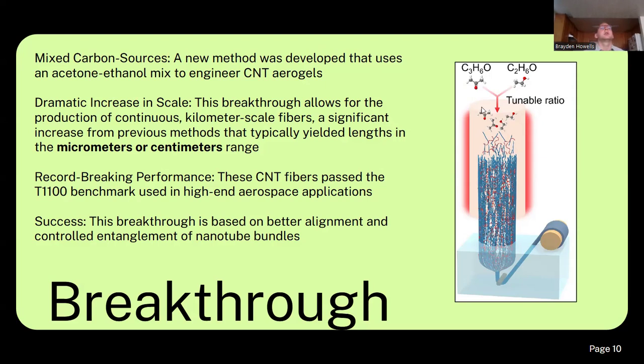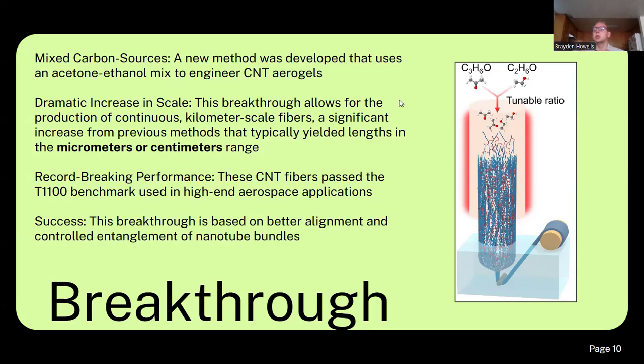And the reason why this is such a huge breakthrough is because previous methods for creating CNT fibers typically yield you micrometer or centimeter range fiber lengths. Whereas this mixed carbon source method with the aerogels can produce kilometer scale fibers.